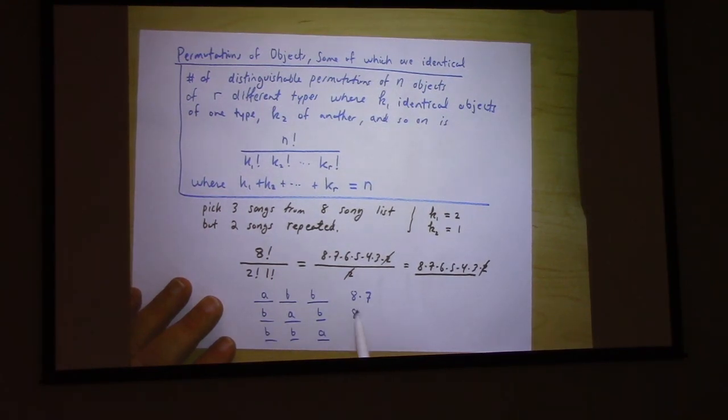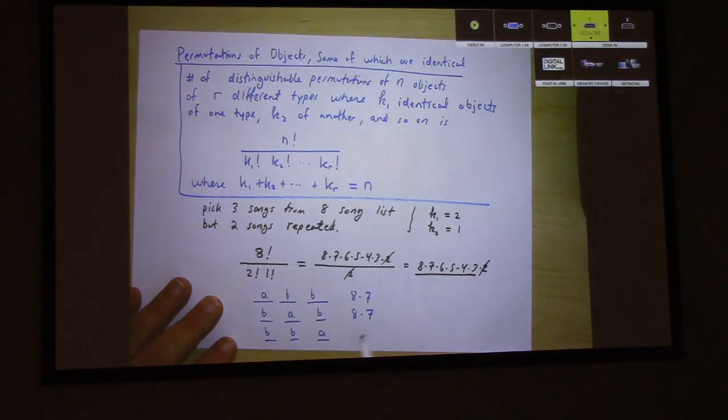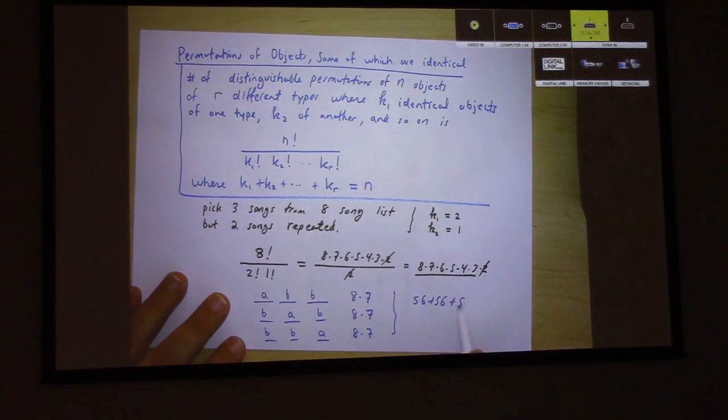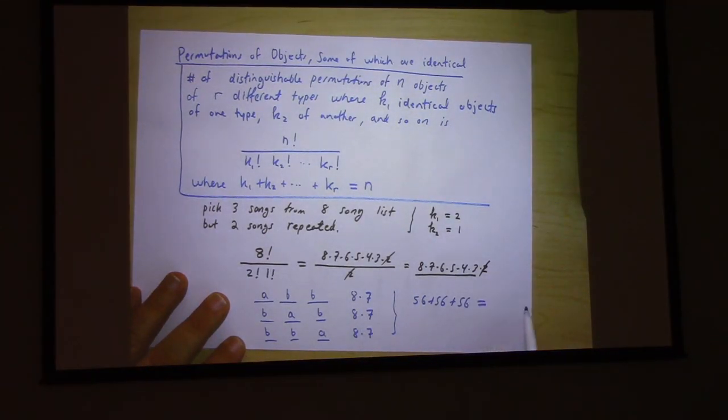I've got 8. How many choices for A? I got 7. Each time I've got 8 choices for B, I've got 7 choices for A. So if I'm counting correctly, we should have 56 plus 56 plus 56 choices, which would be 168.